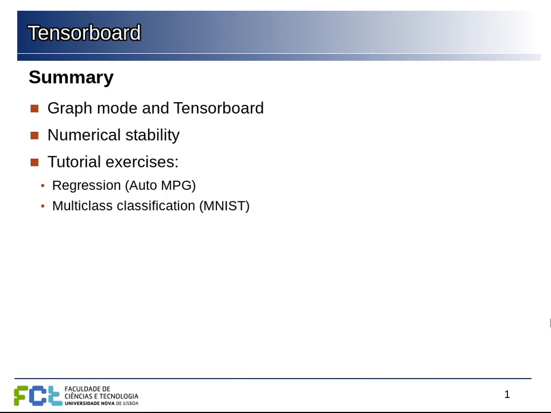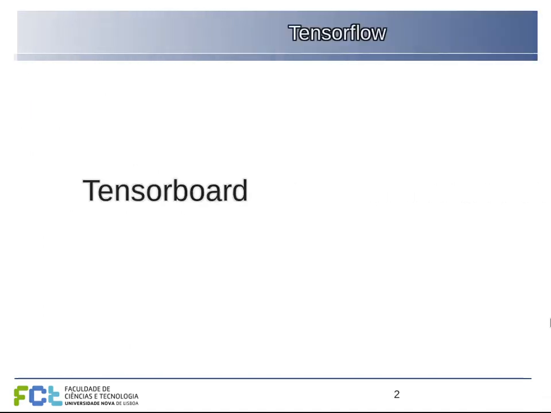So basically, TensorBoard is a utility that you can use during training, log the results as you train, and then use TensorBoard with the browser to see how the training is going, to see those logs. And you can also use the automatic tracing that TensorFlow has to represent the graph of your computation. And I'm going to talk a bit also about the tutorial exercises for this week.